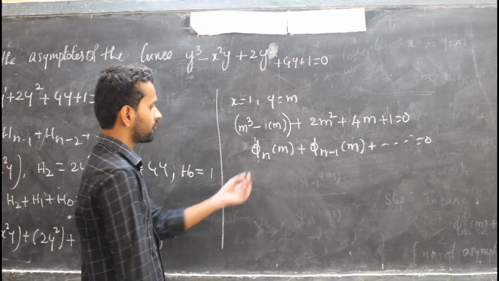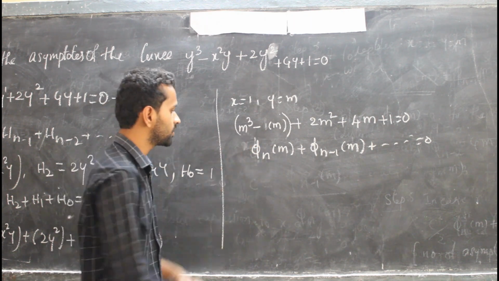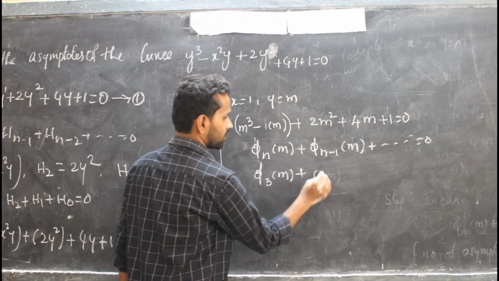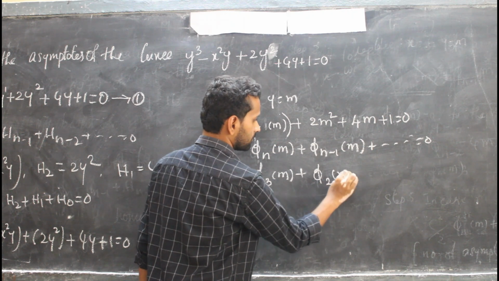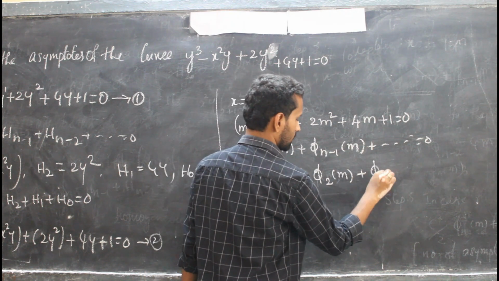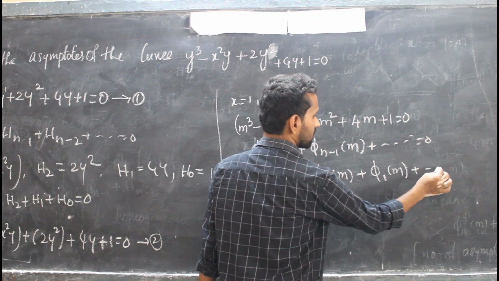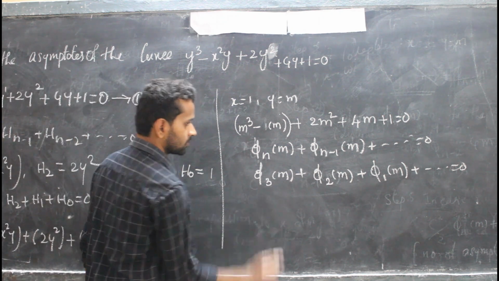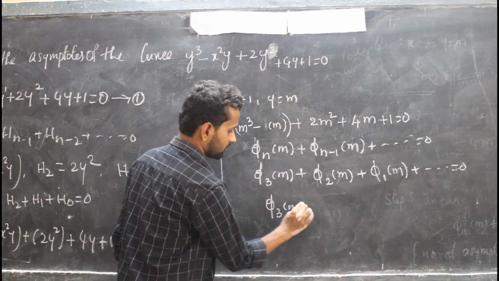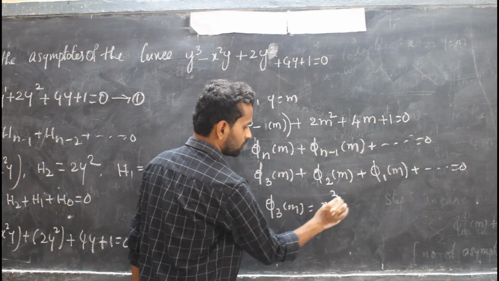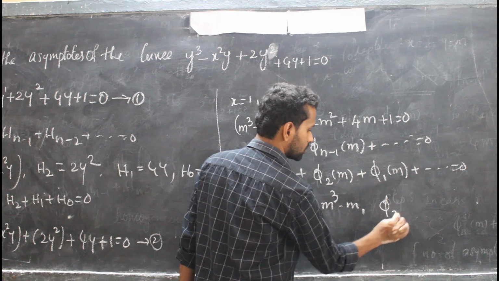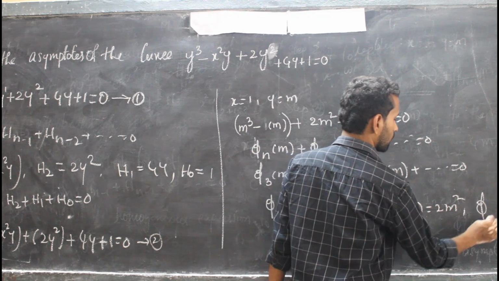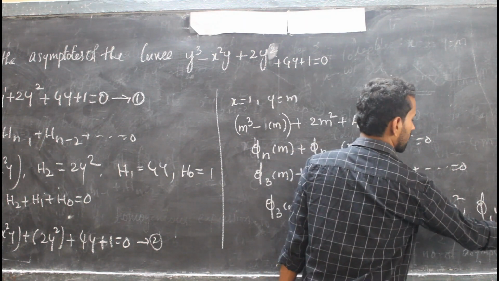So in this case n equal to 3, the degree is 3, that becomes phi 3 of m plus phi 2 of m plus phi 1 of m plus dot dot dot equal to 0. Is it clear? So phi 3 of m is m cube minus m. Phi 2 of m will be 2m square. Phi 1 of m will be 4m.